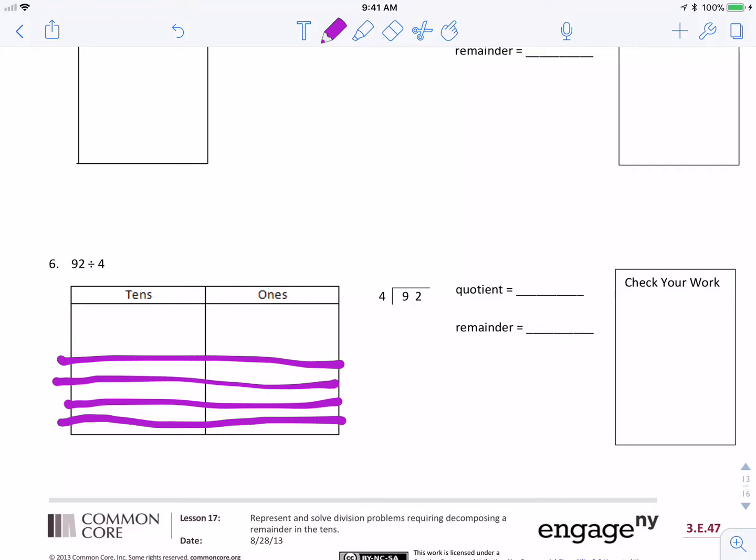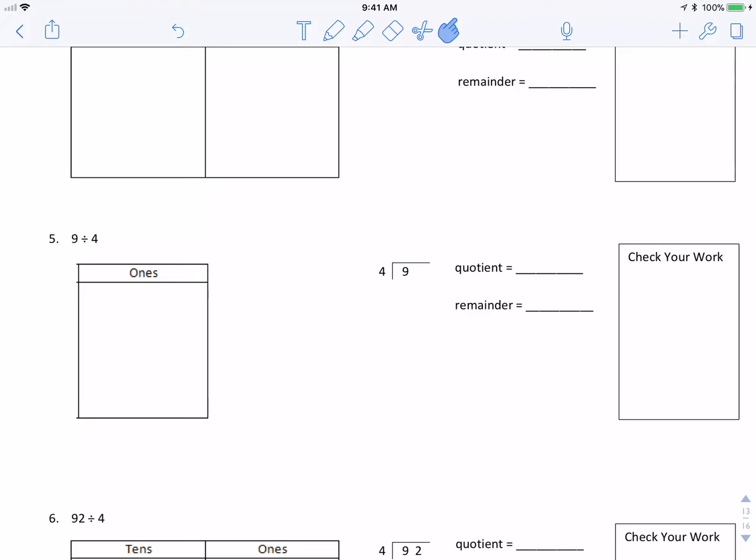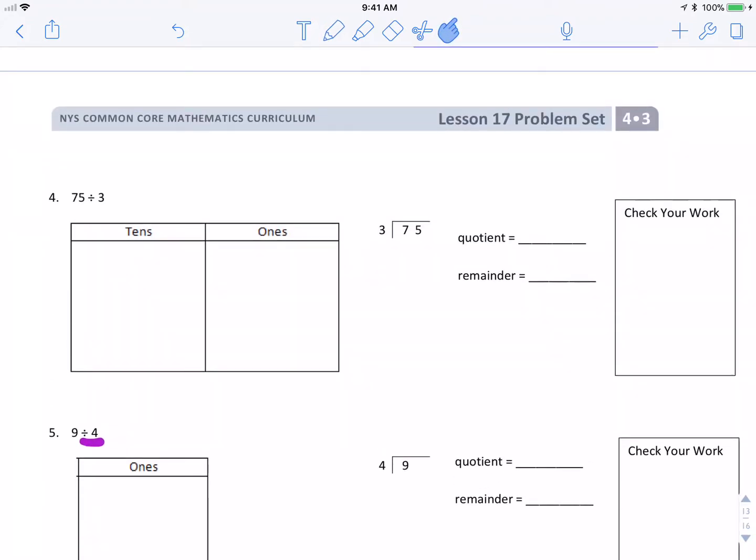So you need to make sure that you divide them based on what your divisor is. This one's divided by 4. That's your divisor. What was this number called again? It's called a dividend. Okay. Go ahead and get started.